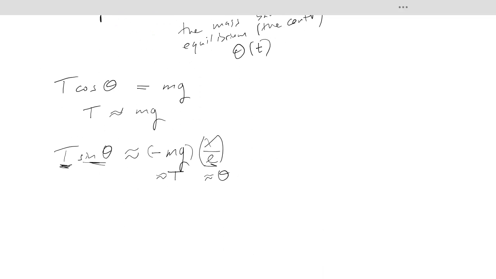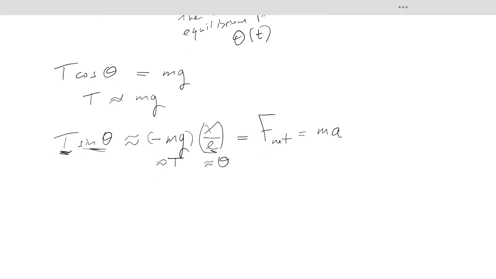This is always equal to the net force on the mass. I'm assuming that the vertical force really isn't changing, and that's what I showed here. And F net, of course, is equal to the mass of an object times its acceleration. So now let's clean this up.